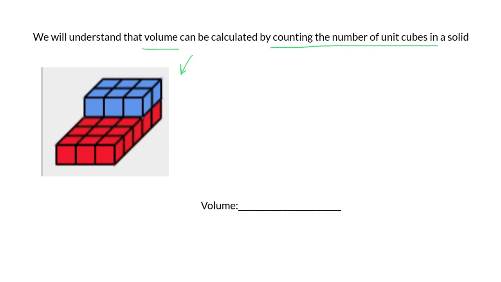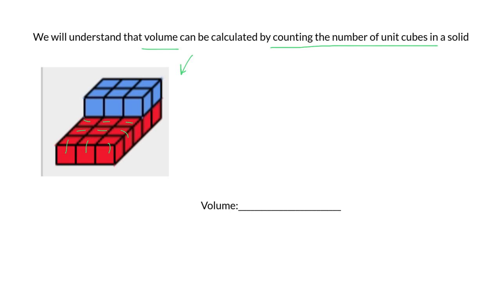So what we're going to do is start by counting these, and then we're going to quick stop and pause, and I'm going to ask you a question in the middle. Okay, I see 1, 2, 3, 4, 5, 6, 7, 8, 9.